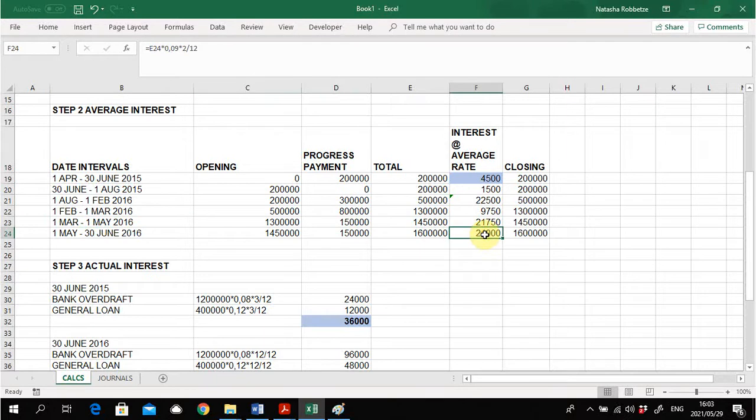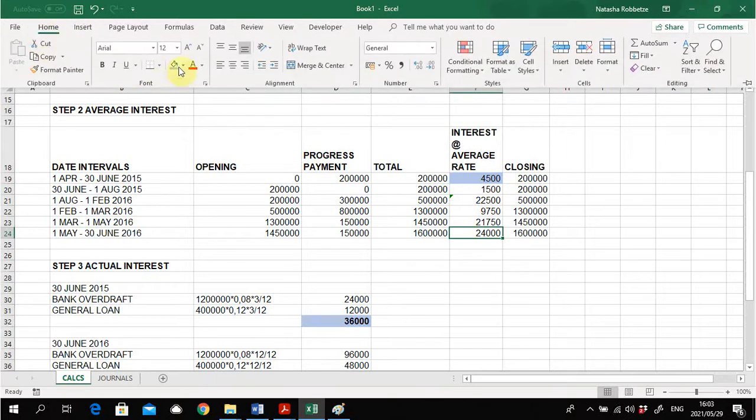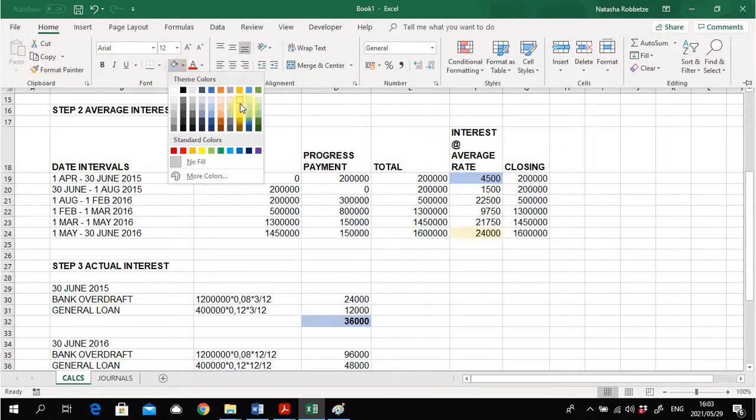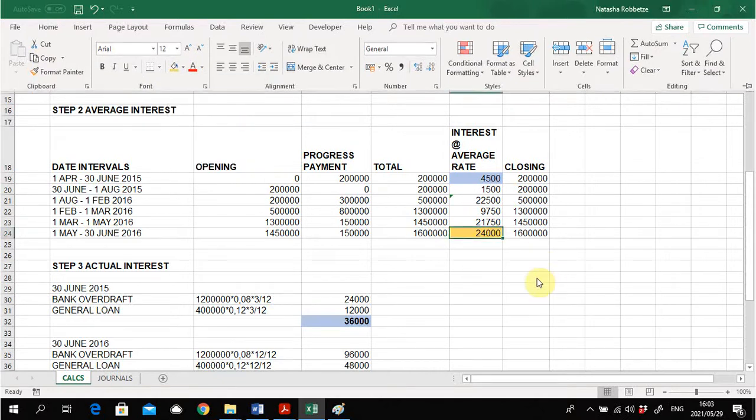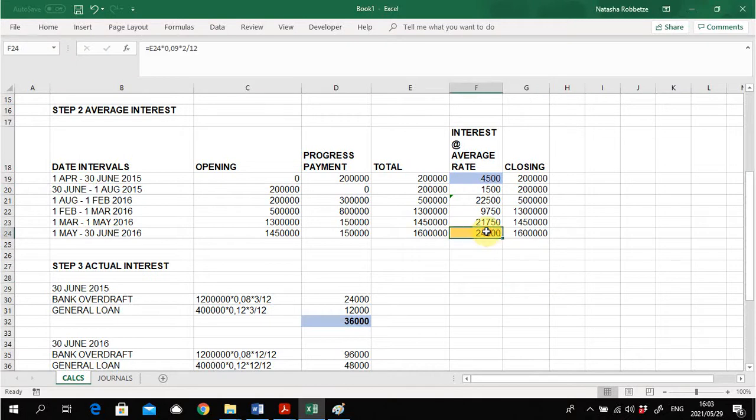That's important. So I'm just going to highlight that for myself in, let's say, what color have I not used? That apricot. So I need to remember this 24,000 is for May to 30 June. So this is an interest expense.